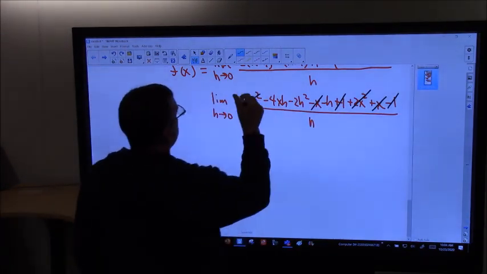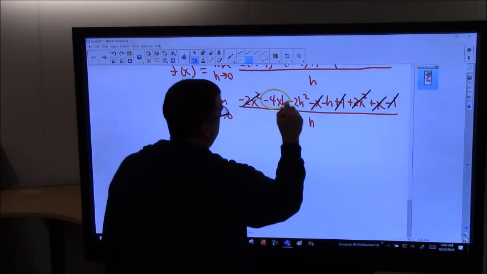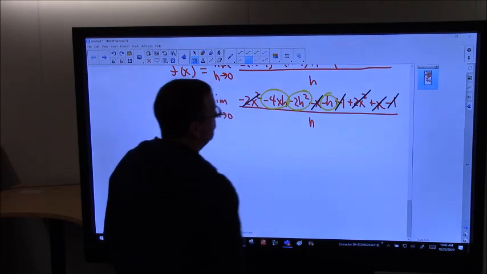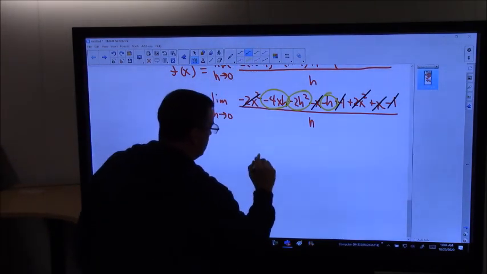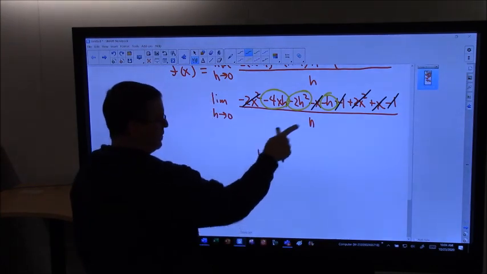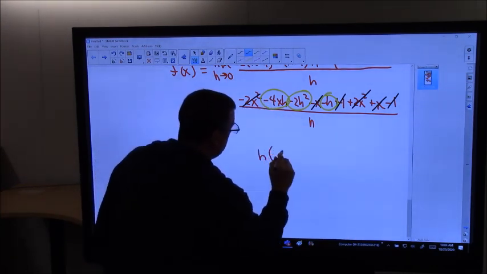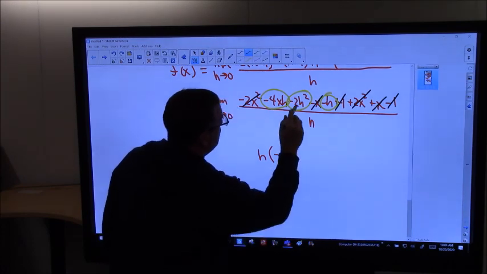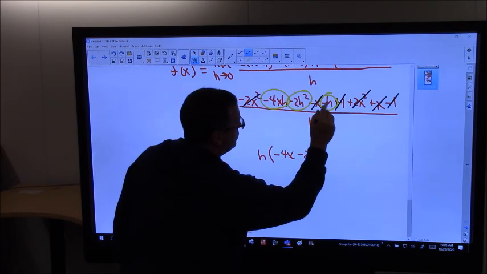And when we look at what's left, I've got this term and this term. There's an h in each of those. So I'm going to go ahead and factor one h out. I want that to cancel with the 1 in the denominator. I'm left with a negative 4x minus 2h minus 1.